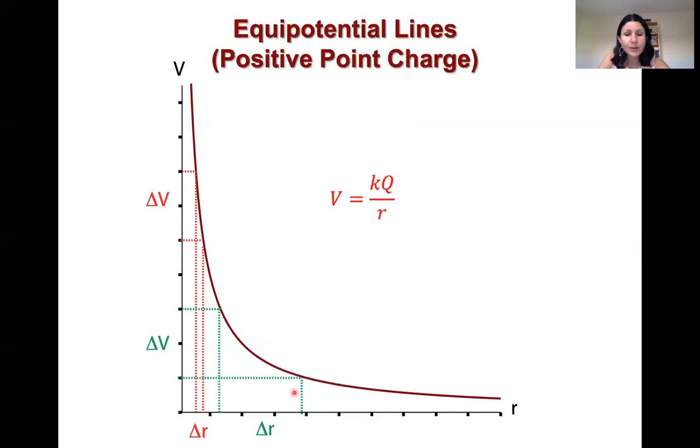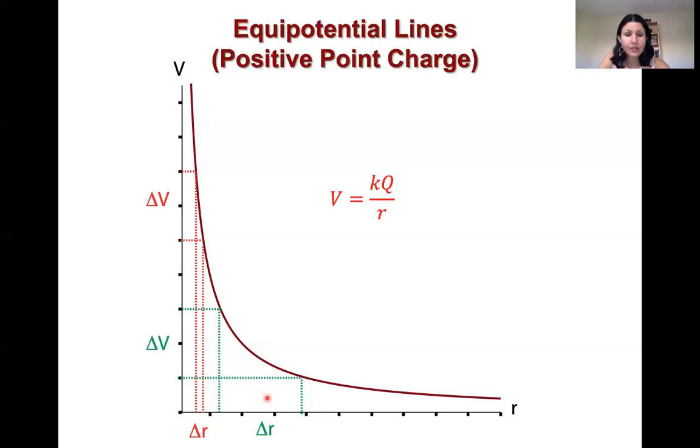So when r is small, to go, let's say, 2 tick marks here, we have a very small change in r, right? So that means you don't have to walk far to have that voltage change. Kind of like when a mountain is very steep, you don't have to walk really far. That distance is not really far when the elevation change is very rapid.